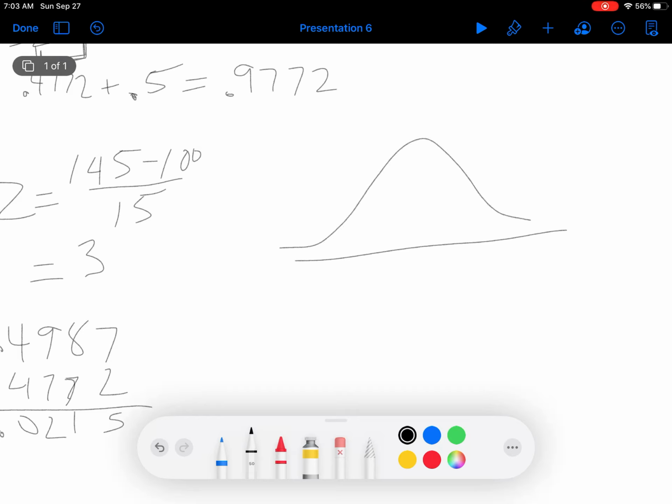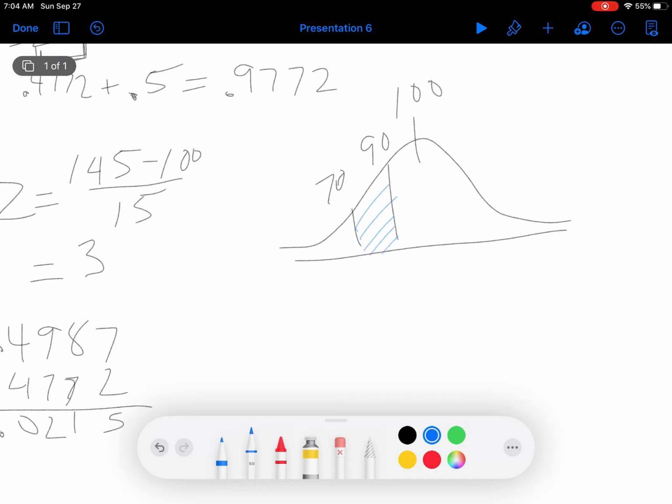It doesn't have to be beautiful, but I need to label my mean so that I can really see where that is. Then I need to think, okay, the score I'm trying to find, is it above or below the mean? Let's say that I'm looking for how many people are between 70 and 90. I'm going to write both of those in there, and then shade that area.